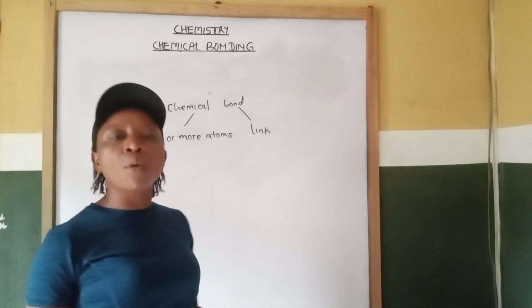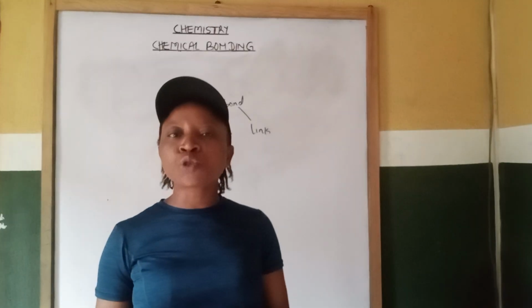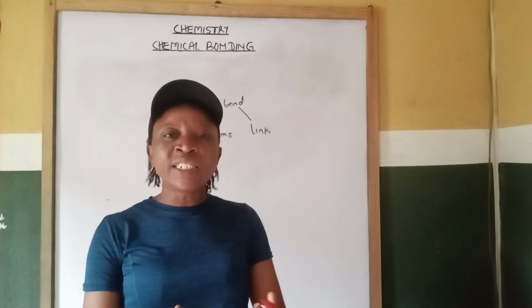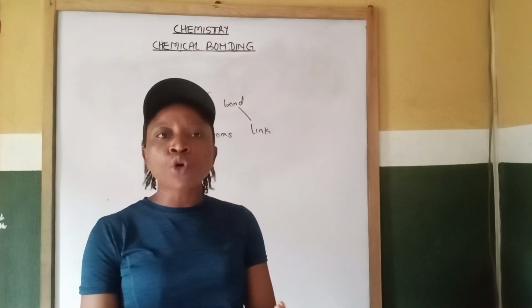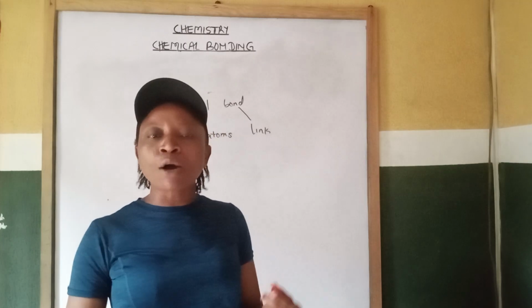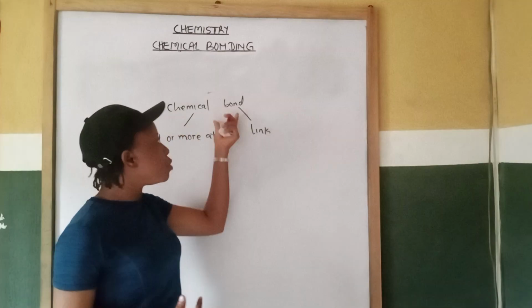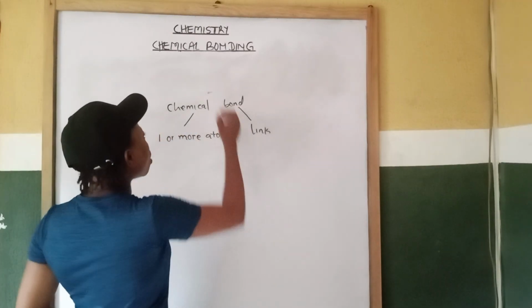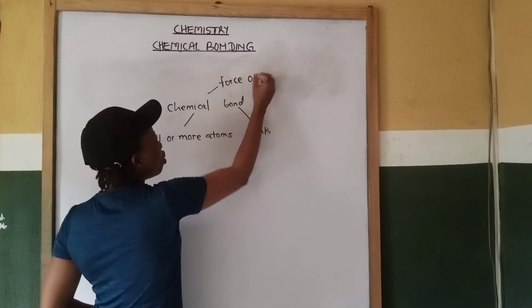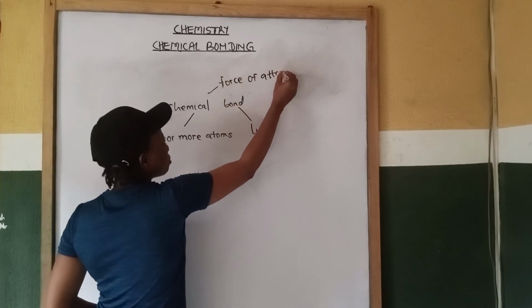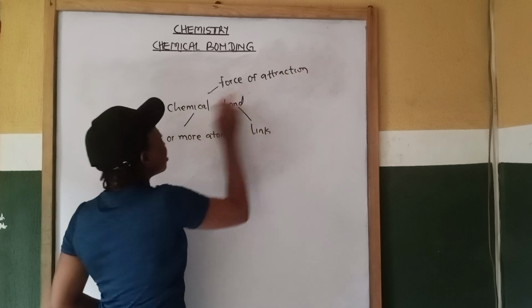Before two or more atoms can come together to form a chemical substance, there must be an attraction. That is, something must attract them towards each other before they can come together to form a chemical bond. We call that force of attraction. So what is a chemical bond?